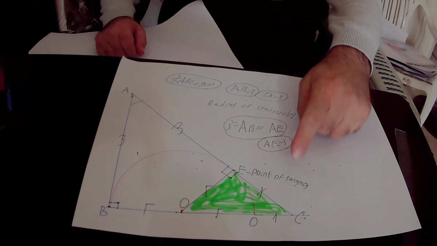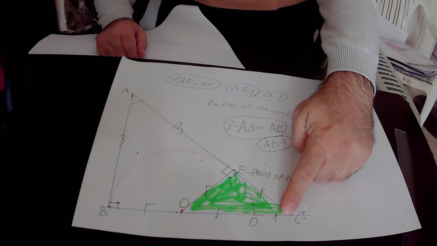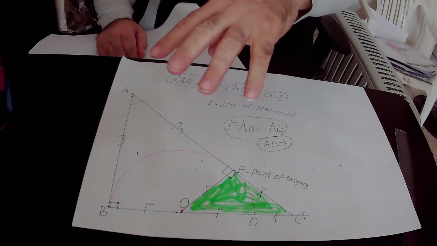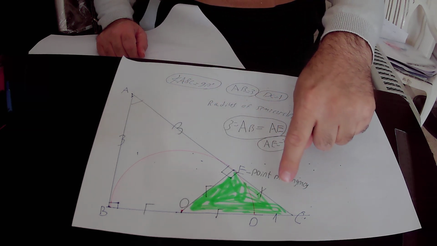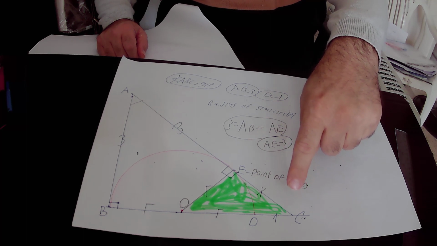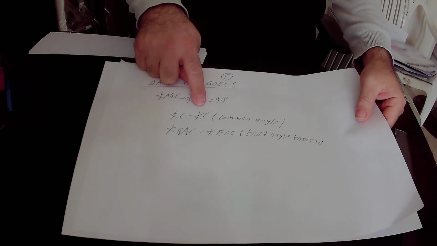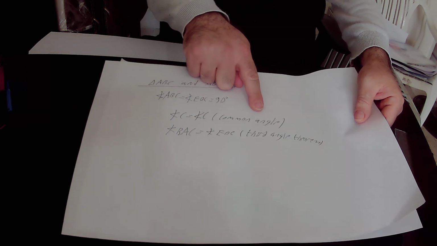We also know that angle C is a common angle. It belongs both to the big right triangle ABC and to the small green triangle OEC. So we can write down that angle C equals angle C.